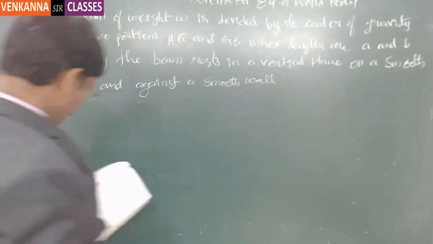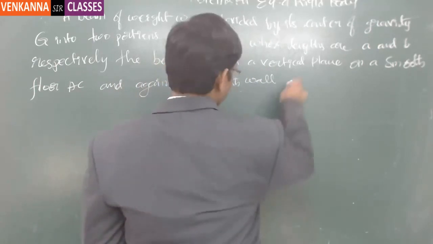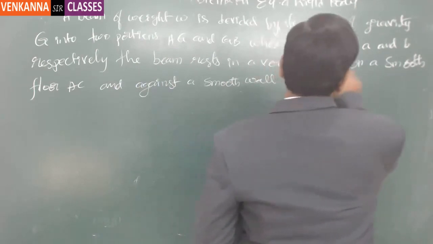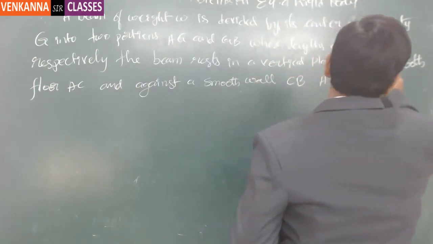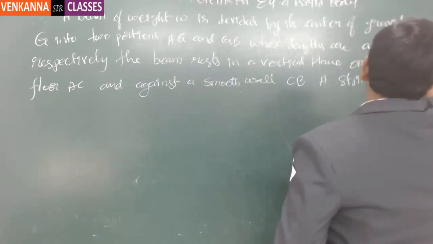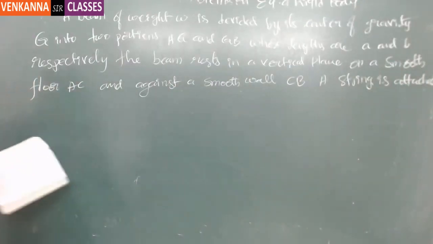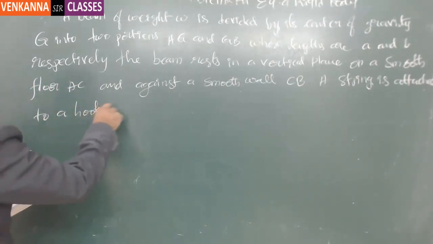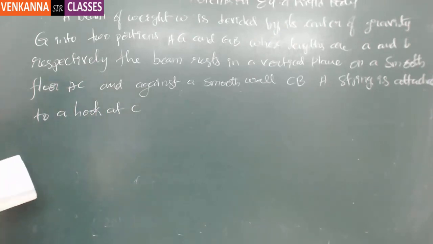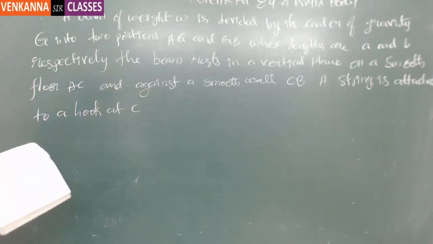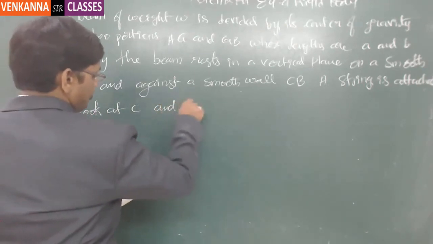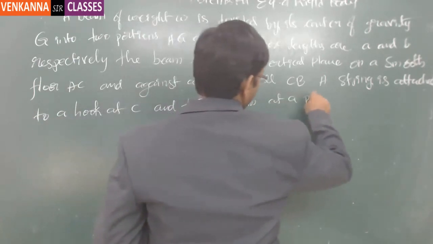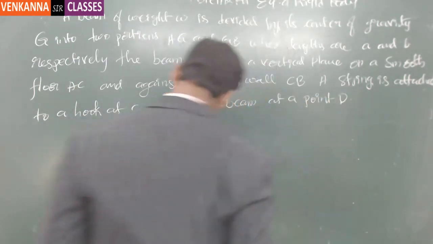A string is attached to a hook at C and to the beam at a point D.